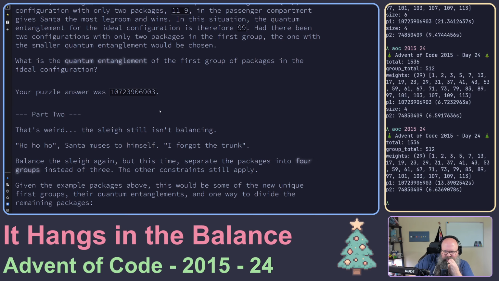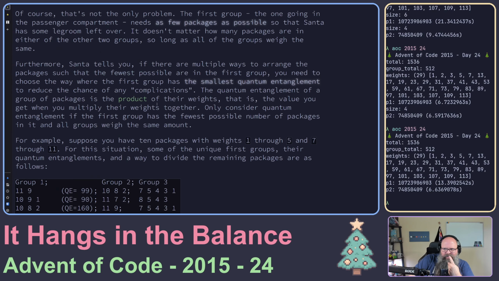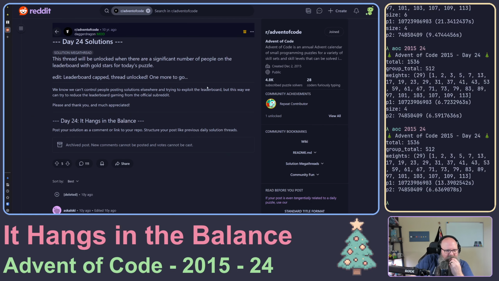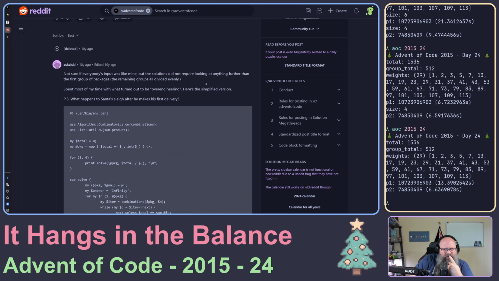Let's see. Okay, so that does give you the right number. I'm inclined to look for solutions. See if there's a... but the solution didn't require looking at anything further than the first group of packages.